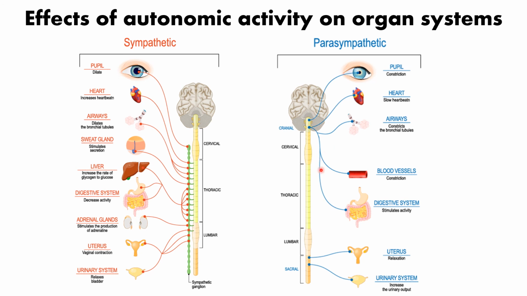As I said from the previous slide, our blood vessels are mainly innervated by the sympathetic nervous system, but some are innervated by the parasympathetic system.